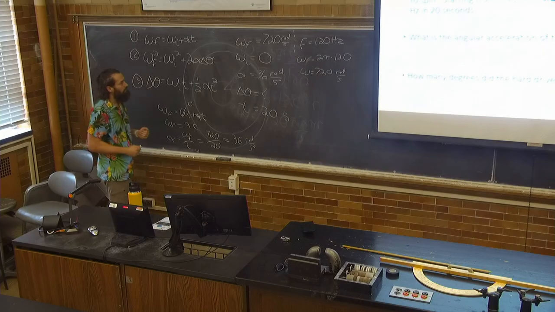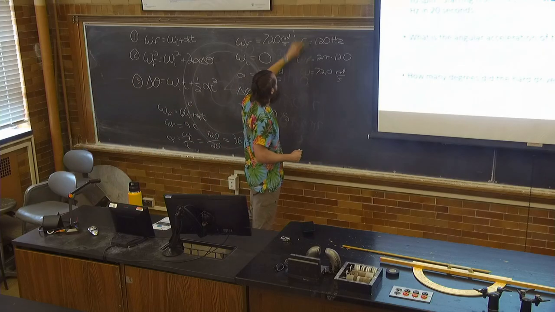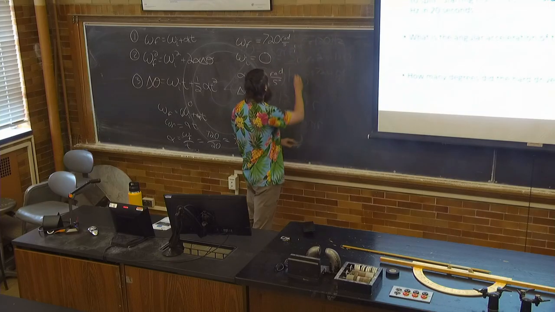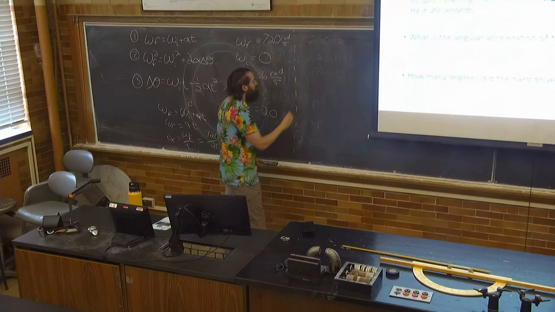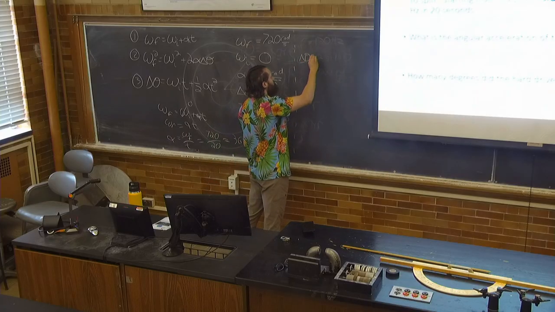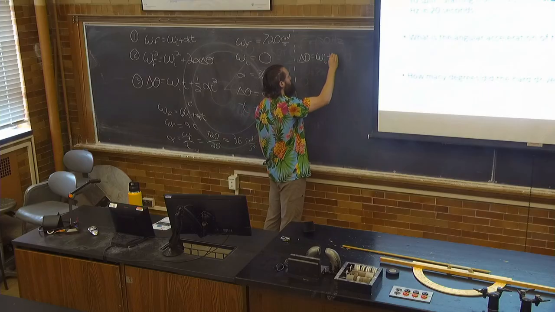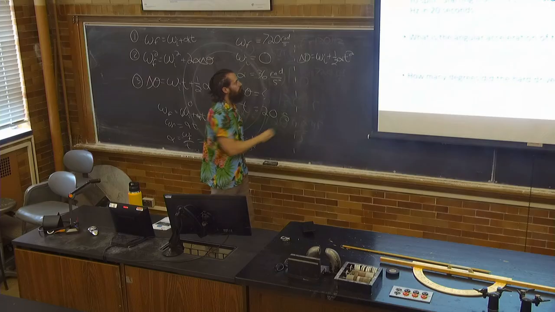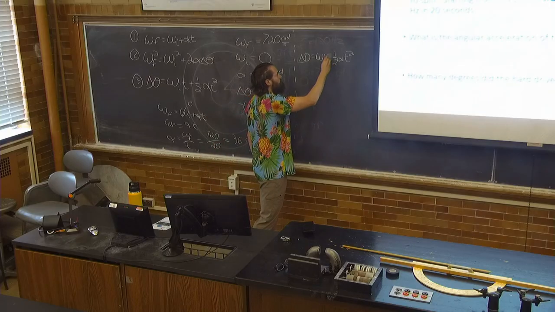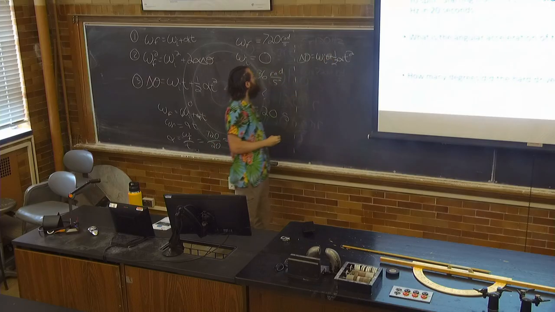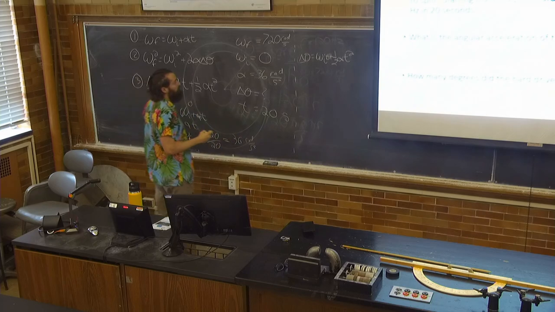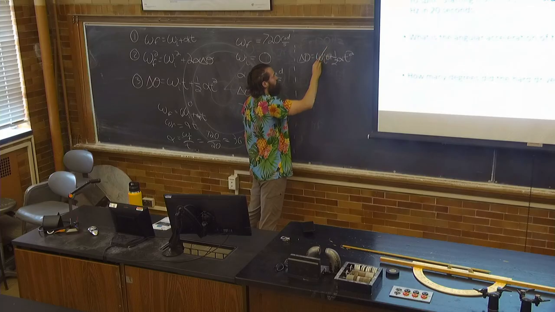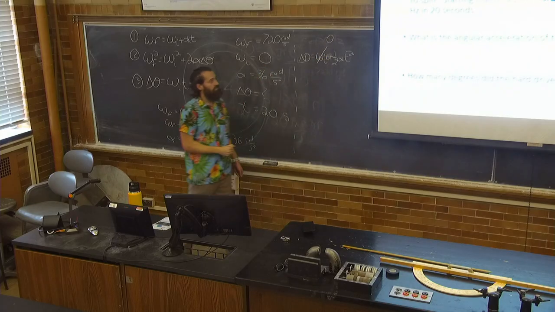So I'm going to do that here. So delta theta equals omega initial times time plus 1/2 alpha t squared. The initial angular velocity is still 0, so the first term just goes away.